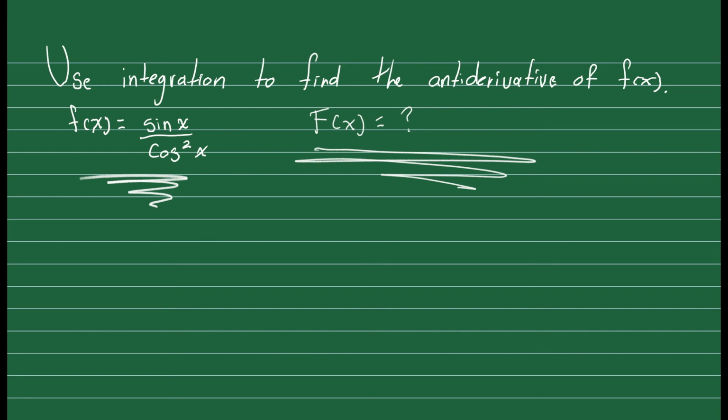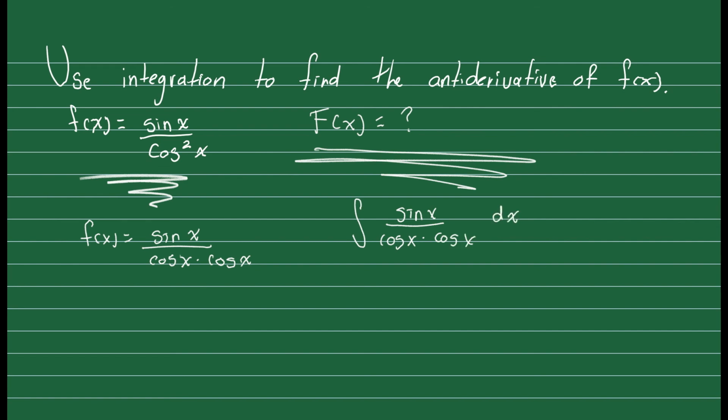All right, so we start by saying that f of x is equal to sine of x over cosine of x times cosine of x, and we can go ahead and separate this one, all right? So let's actually write our notation. We want to find what is the integral of sine of x over cosine of x times cosine of x with respect to x, all right?